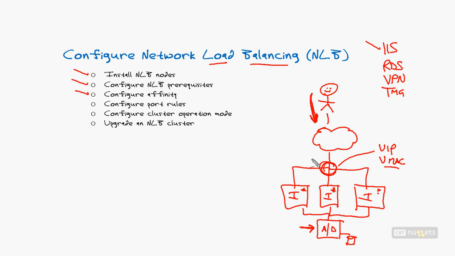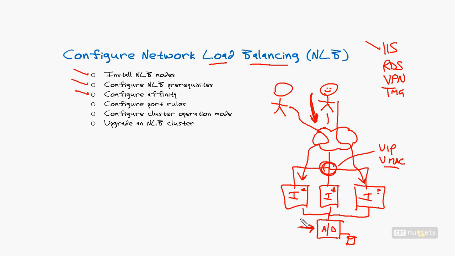If you want that user to constantly be going to a different web server, then you can just disable affinity entirely. But if you prefer that this user always end up going to this server for one reason or another, and that the second user over here always end up going to another server, you can accomplish that as well. That's just by setting up affinity, and there are a couple of different rules for doing that.